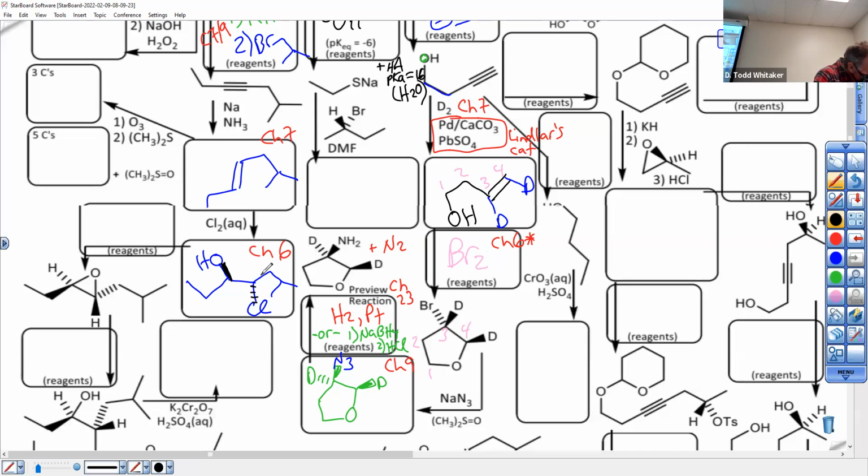And what happens when you react this with reagents to get that? Well, how do you get this to happen? Ladies and gentlemen, all that's happened is the O lost its H, the O minus that you made attacked the carbon with the leaving group in an NGP fashion, and you made an epoxide. So if you can make the O into an O minus, this reaction's over.